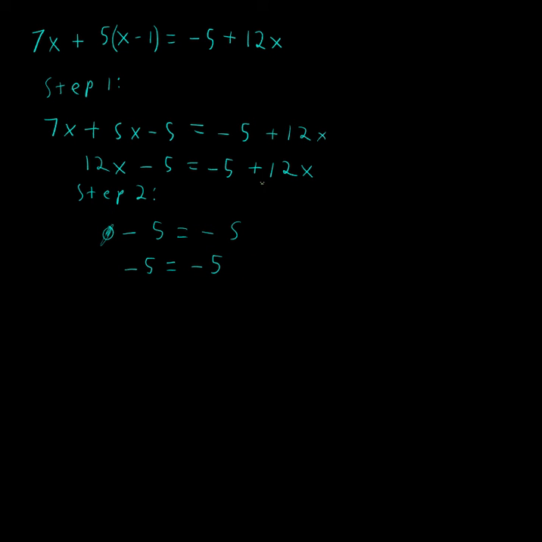That means our equation is always true. So, this is good. We have solved this equation, and we've shown that this equation is always true. So, we are done solving. This is going to be an identity, and so, great. This equation is an identity.